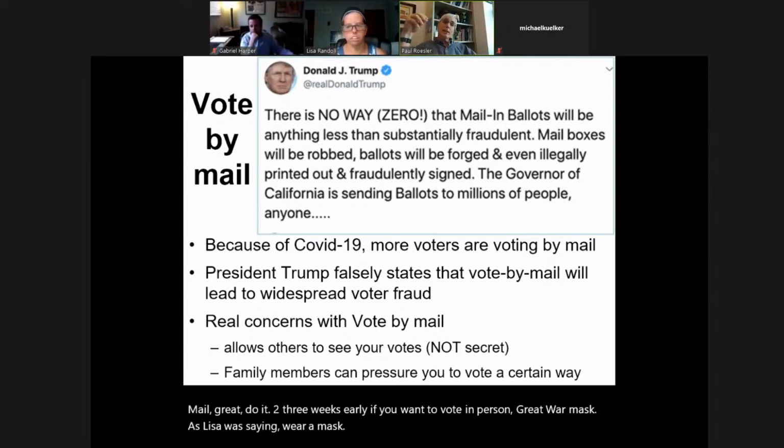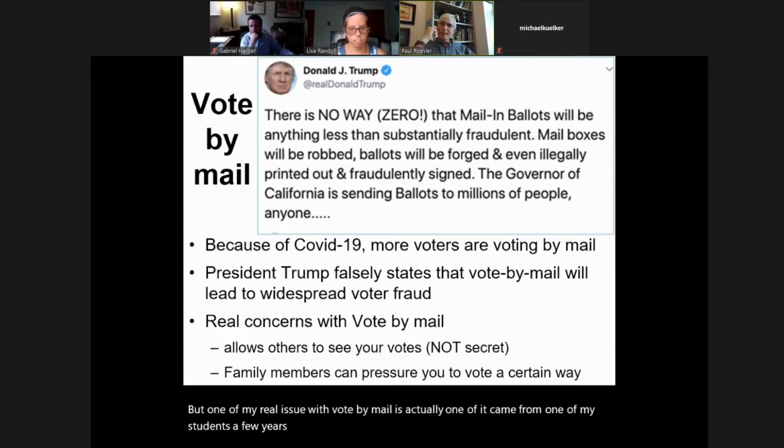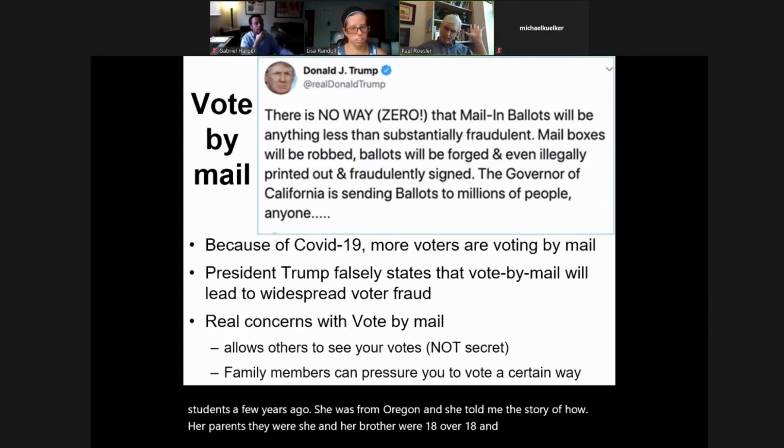But one of my real issues with vote by mail actually came from one of my students a few years ago. She was from Oregon, and she told me this story of how her parents, she and her brother were over 18, and Oregon had vote by mail.